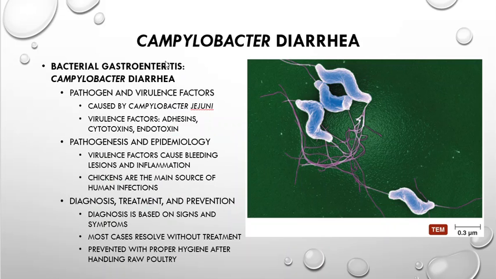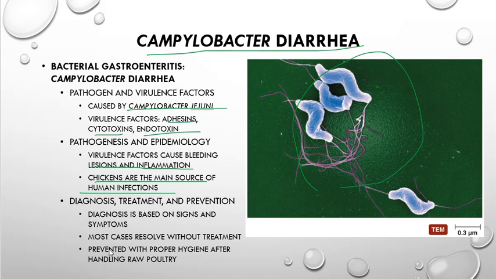So there it is. Campylobacter diarrhea. Campylobacter jejuni is the most common cause of bacterial diarrhea in the U.S. Adhesions, cytotoxins, the endotoxins, bleeding lesions, inflammation. Chickens are the main source of human infections.